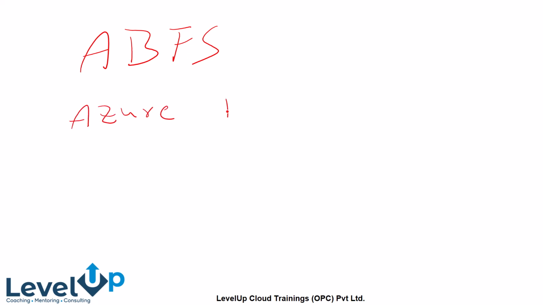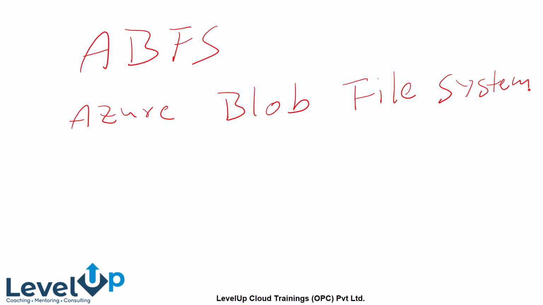One is called ABFS, which stands for Azure Blob File System. Okay, and over SSL, if it is secured, it is called ABFSS.